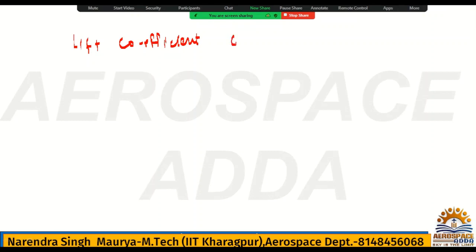Lift coefficient CL for thin airfoil. Yes or no?